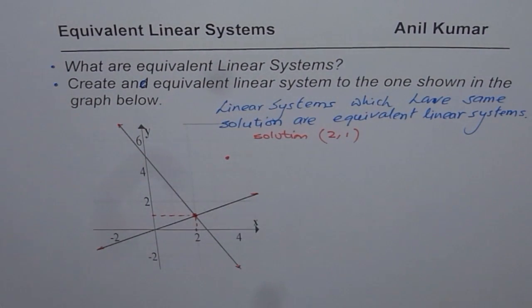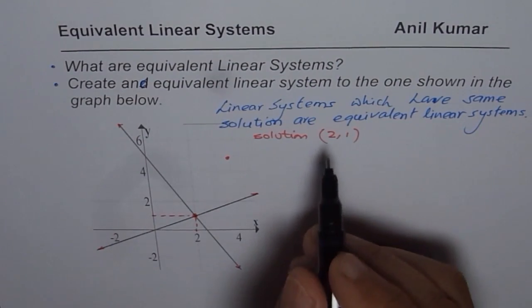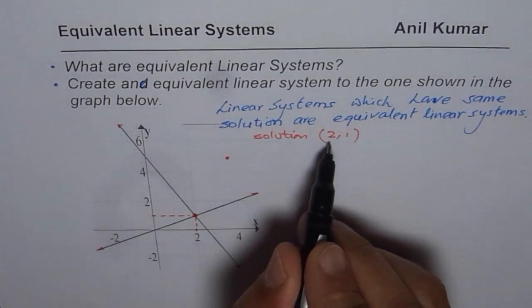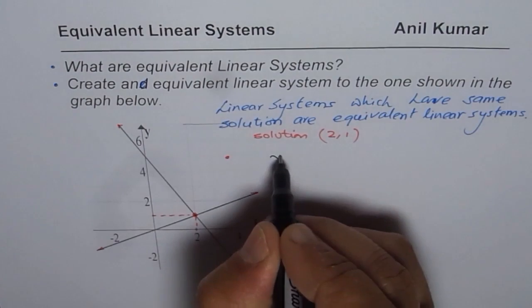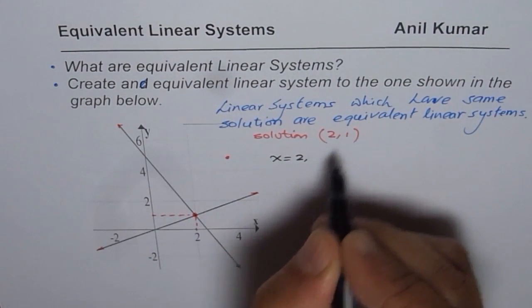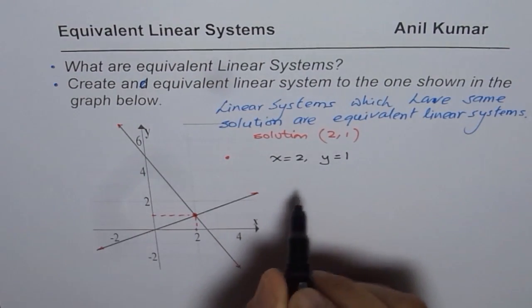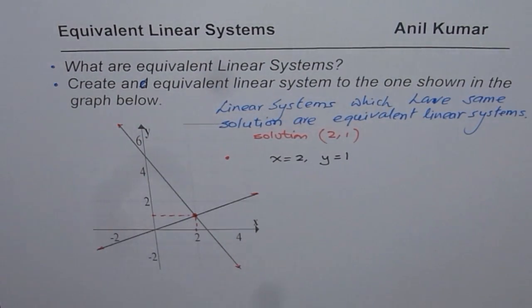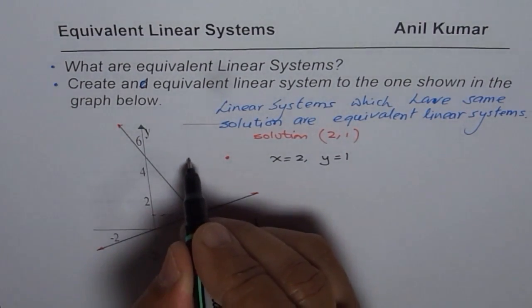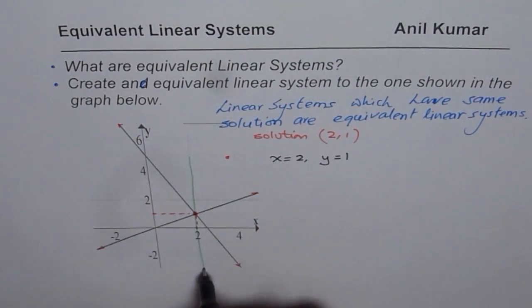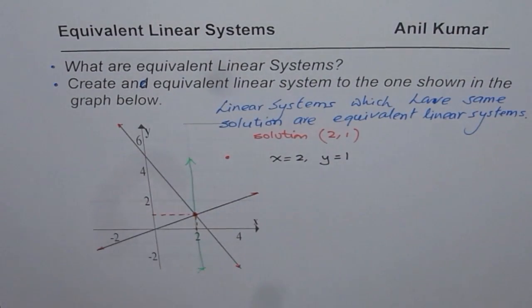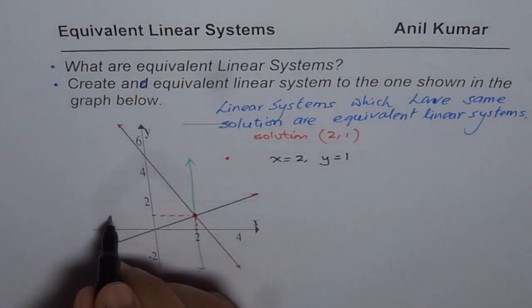Now the second part is to create an equivalent linear system. The easiest way is, once we know the solution, the x value is 2 and the y value is 1. So x equals 2, y equals 1 also forms a linear system, right? Can you sketch it? x equals 2 is a vertical line, like this, and y equals 1 will be a horizontal line.